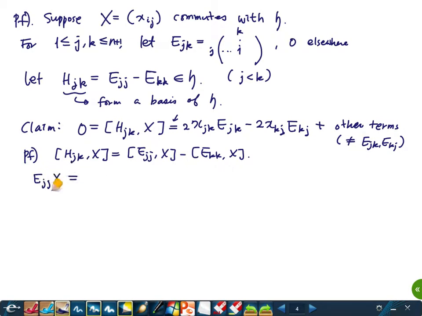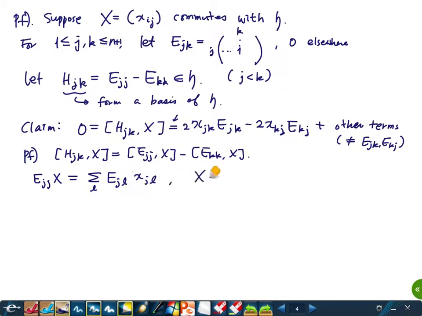If you compute the multiplication of these two matrices, it's going to be X_JL. This is just a complex number. This is a matrix.